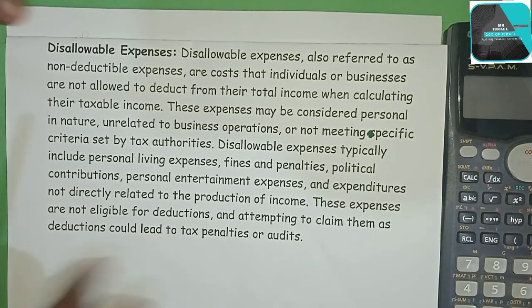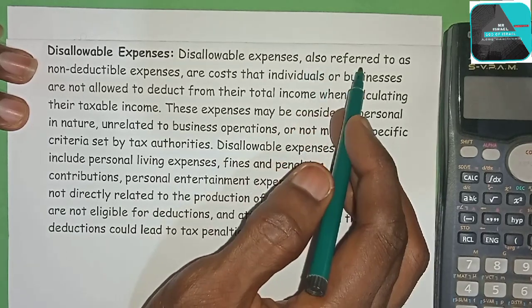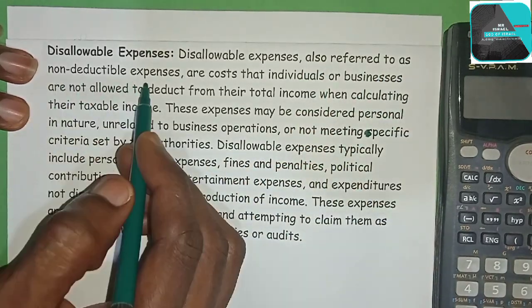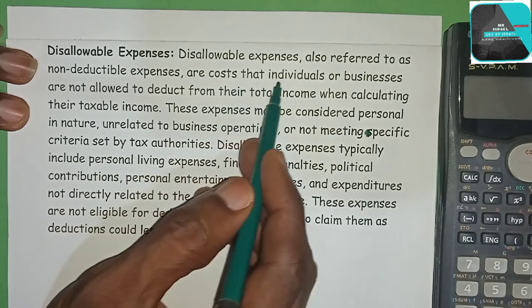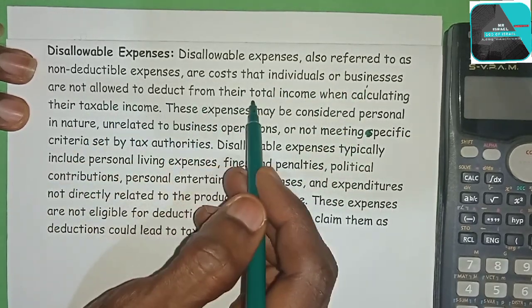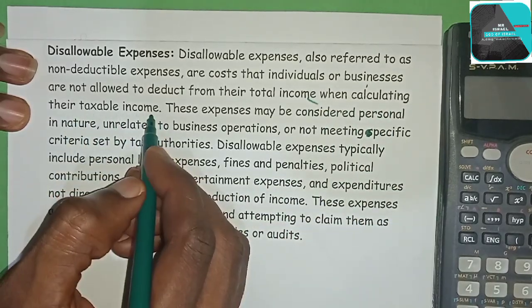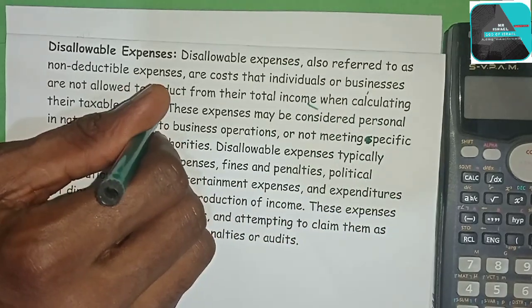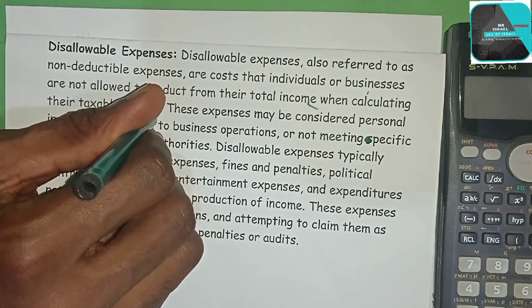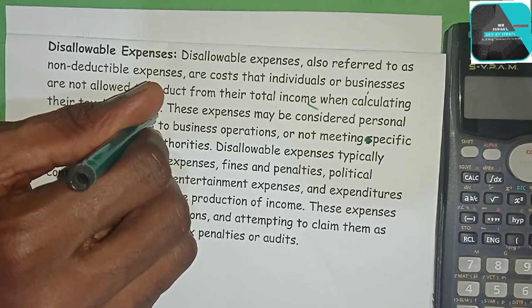Disallowable expenses, also referred to as non-deductible expenses, are costs that an individual or business is not allowed to deduct from their total income when calculating their taxable income. It's just the opposite of allowable expenses. But for you to be able to identify them is what I'm here for.